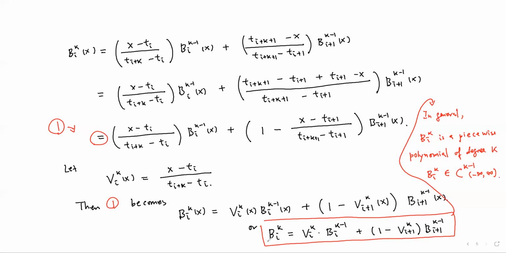Now about B_i,k, B-spline of degree k, I make a list of some properties about them. Here is a list of properties. I skip the proofs. For the proofs, you can take a look at the book.